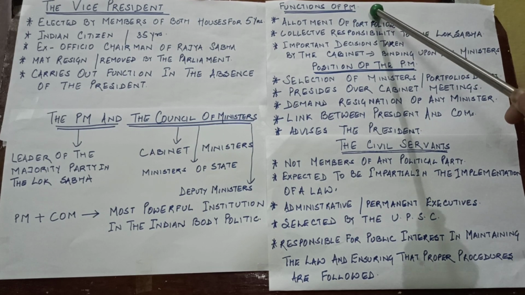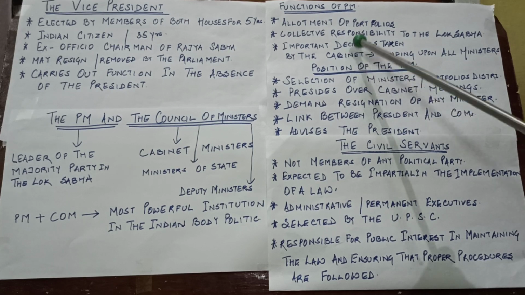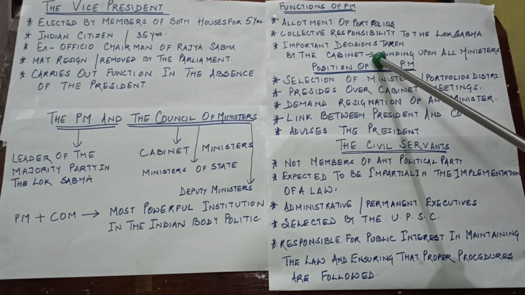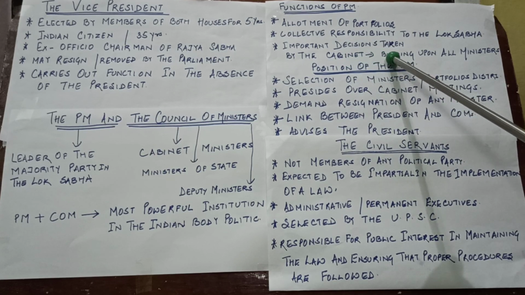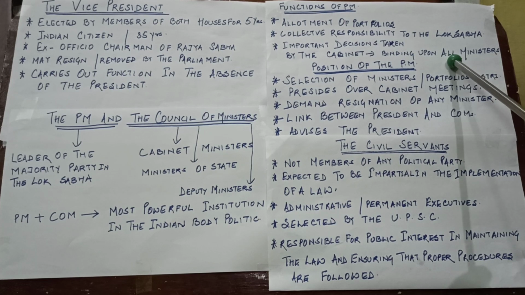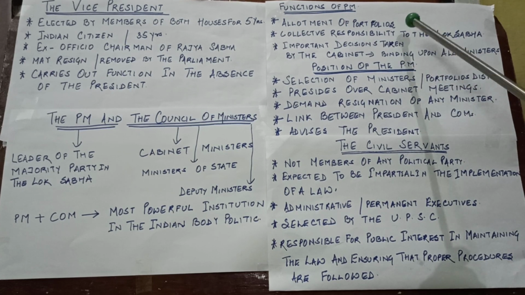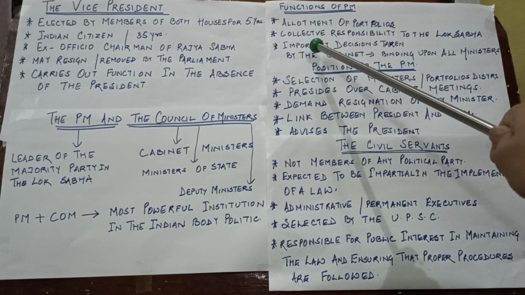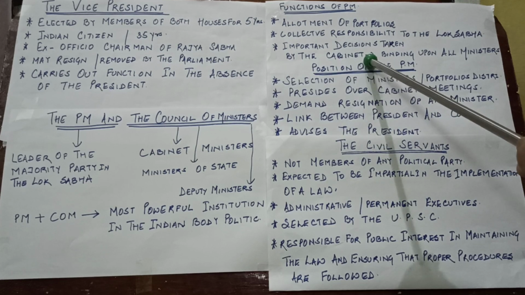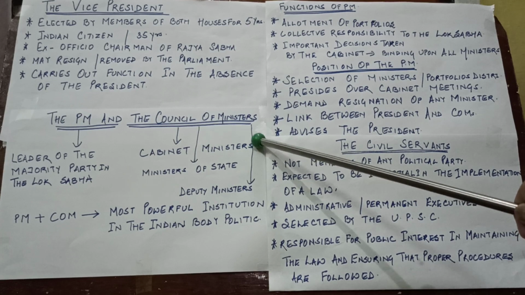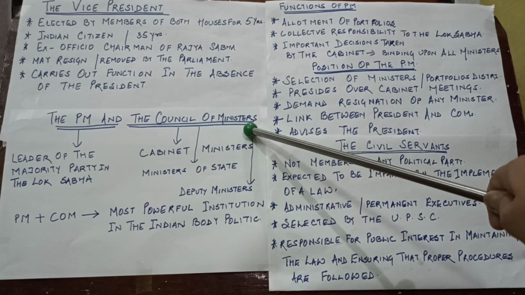It was the Prime Minister and the cabinet ministers who decided how the surgical strike had to take place and what the procedure would be for bringing back Abhinandan to India. So all the major decisions in the interest of the country are taken up by the Prime Minister in accordance with the cabinet ministers. This is the reason why cabinet ministers are the most important council of ministers.